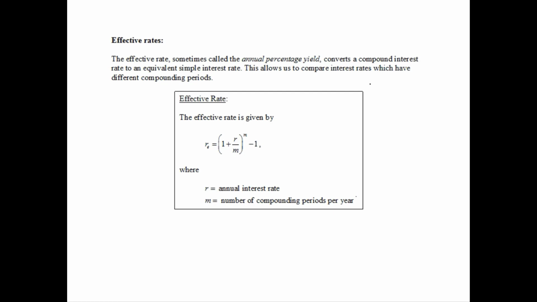So if I think about my compound interest, we have A equals P times 1 plus R over M to the N. Okay, so in 1 year, there are M compounding periods.